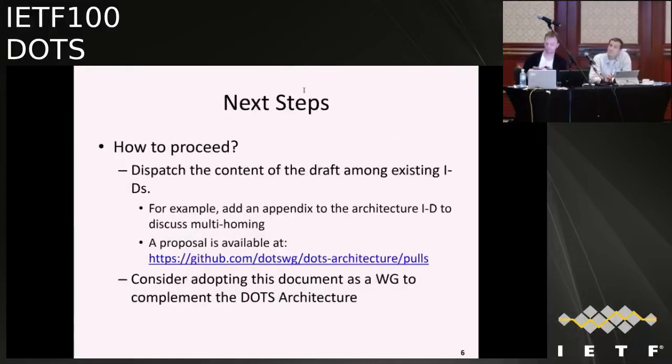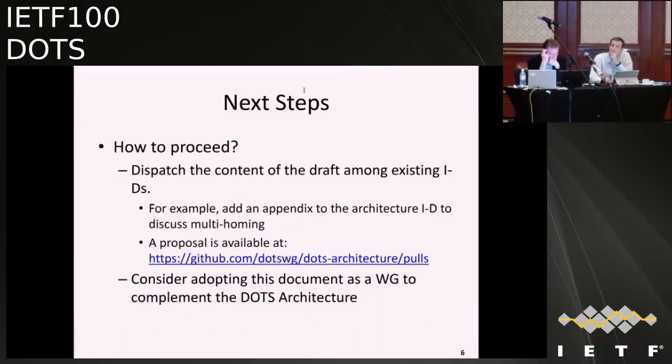So here we are. There are some modifications that have been proposed to the requirement document. There is something still missing to address the practicalities and all the issues related to the operational aspects of multi-homing. So there are two approaches. The first one is to update the current architecture document, and there is already a proposal in that direction to add the multi-homing discussion not in the core part of the document, but as an appendix, so that we can provide some operational guidance to implementers.